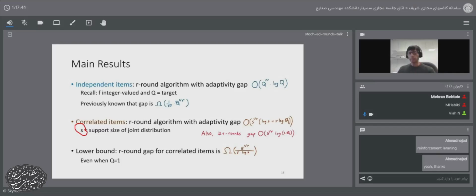So the adaptivity gap has to be at least s to the 1 over r divided by some logarithmic factors. And this lower bound holds even when the function is just a linear or additive function and the target value is 1. So that's really the simplest possible submodular function. So the fact that you have a dependence on the support size is inherent when you deal with correlated items. And again, our upper and lower bounds are nearly matching up to a logarithmic term.